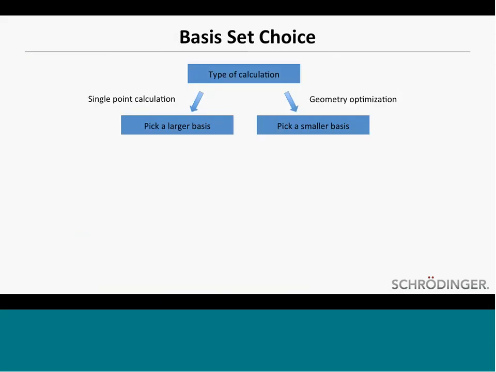So when you're choosing your basis set, we recommend a workflow that looks something like this. First, it's important to understand the type of calculation that you're running. If you're running a single point calculation, that is, all you care about is the energy of the geometry that you input, and you do not wish to actually change that geometry at all, you can pick a larger basis.